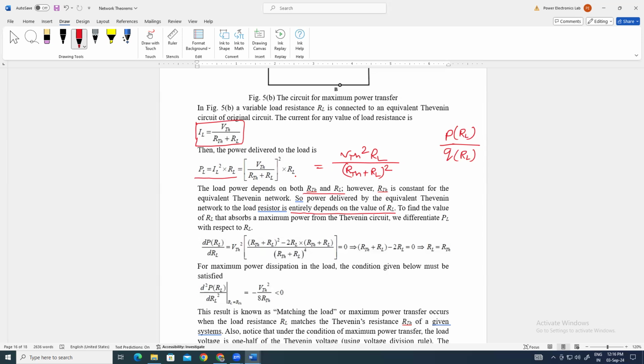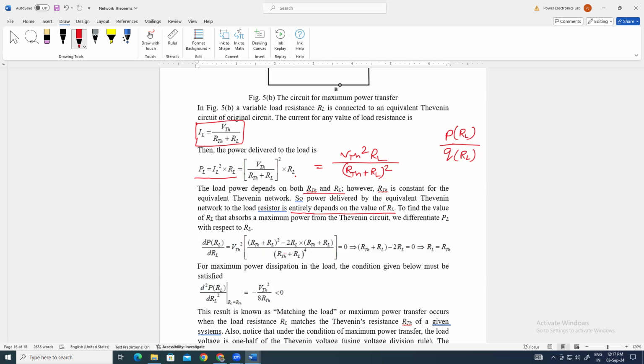So we get this much in the numerator, divided by the denominator square, RTH plus RL whole square. Since RTH plus RL whole square was there already, this square will be the whole to the power 4, RTH plus RL to the power 4.